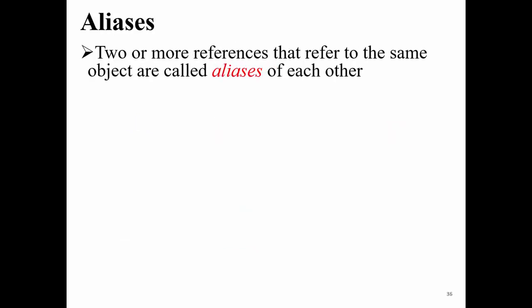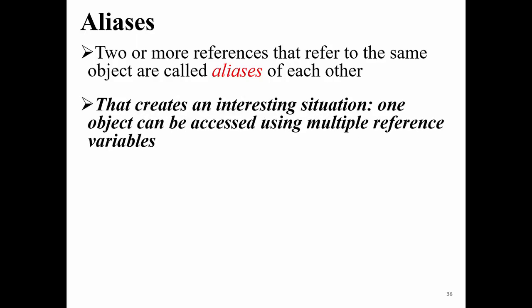And this creates a phenomenon that we call an alias. Alias: two or more references referring to the same object. This is an alias. You have name1 and name2 referring to the same object, or maybe more than that. Okay, so that creates an interesting situation inside your Java programming where you can refer to the same object with different names.